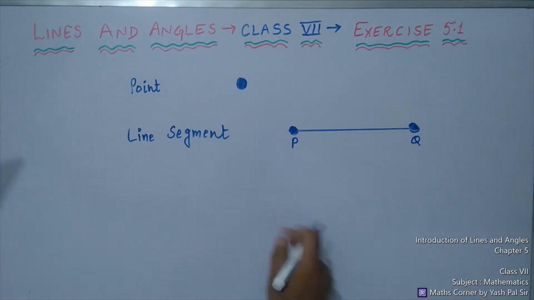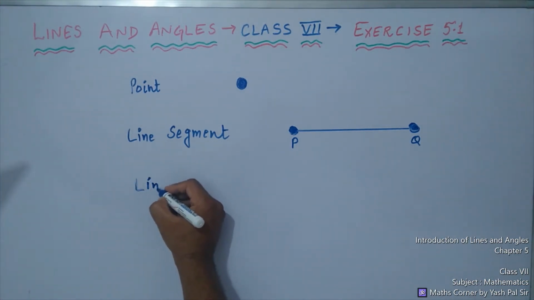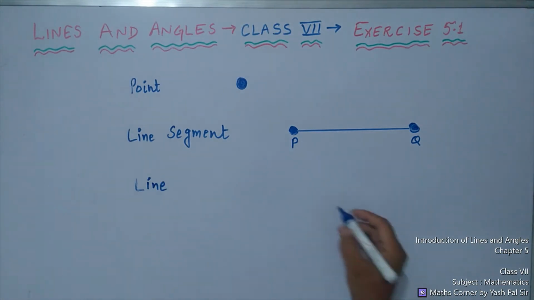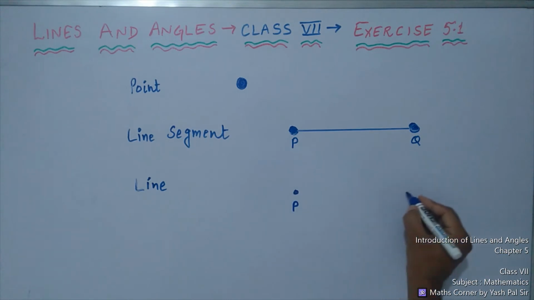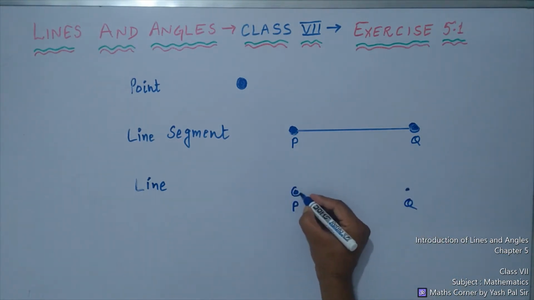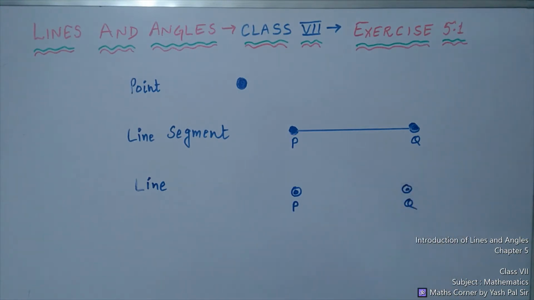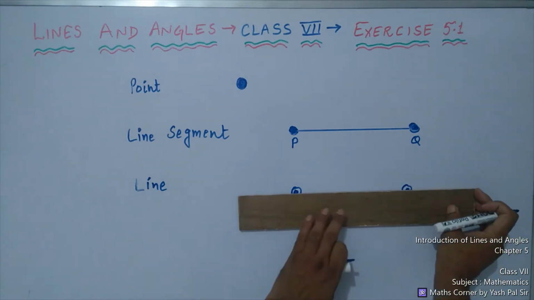Okay, next is line. What is the meaning of line? Suppose we have again 2 points. First point is P, second point is Q. Again we join these 2 points with the help of the scale.